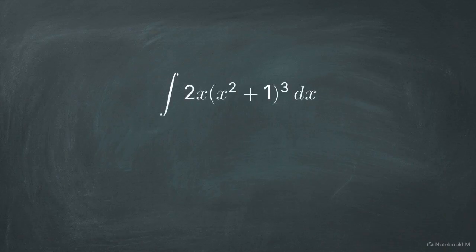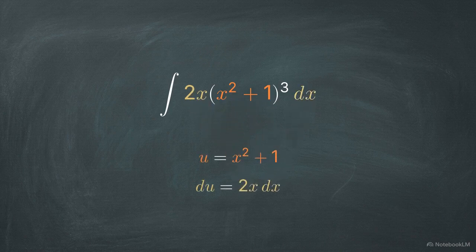Consider this complex target equation: the integral of 2x multiplied by the nested function (x squared plus 1) cubed. We cannot integrate this structure as written. First, we identify the problematic inner function, x squared plus 1, and its derivative component sitting outside it, 2x. We define a new temporary variable, u, to represent that nested inner function.